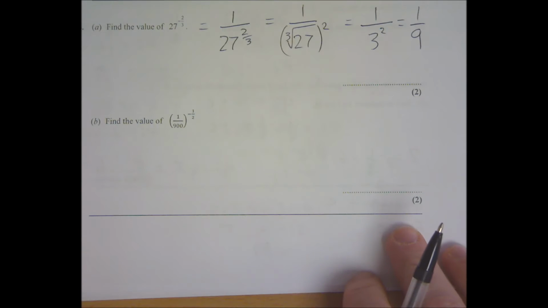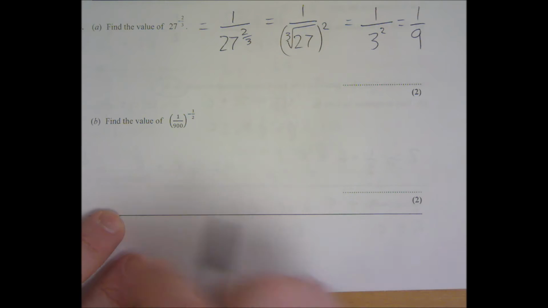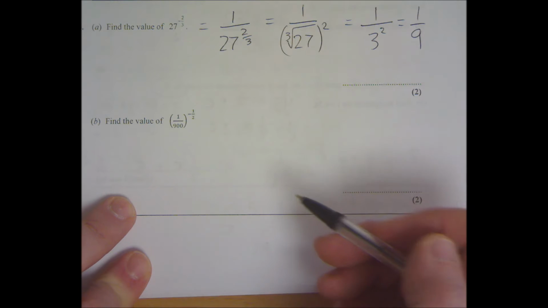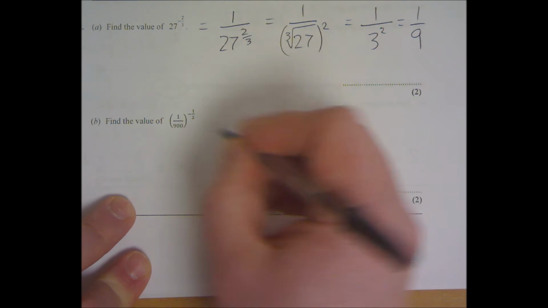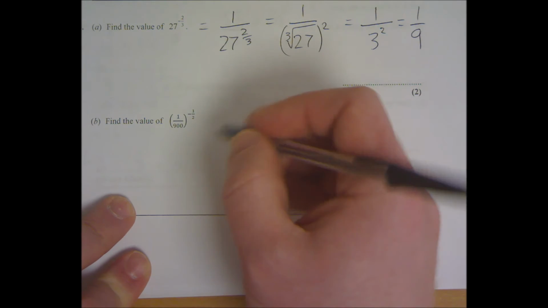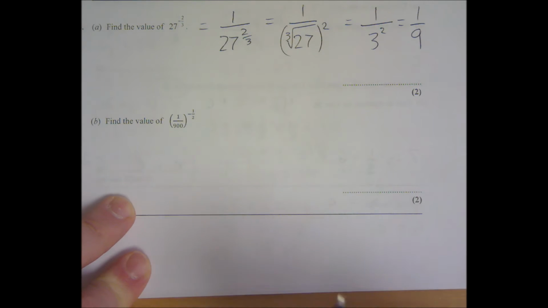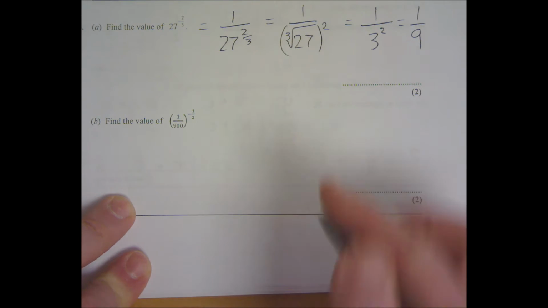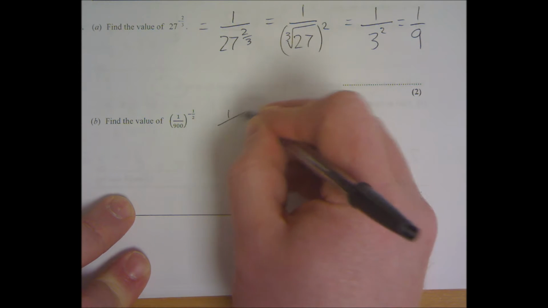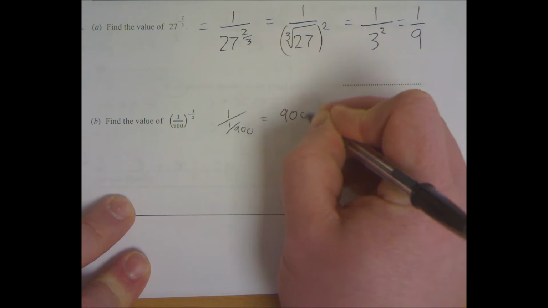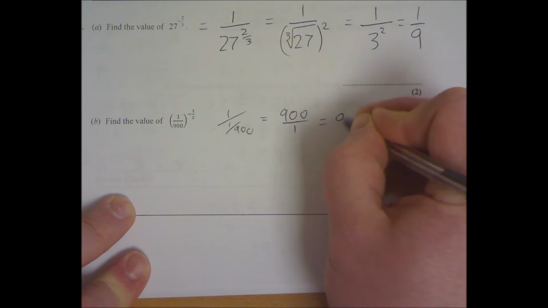For part B, find the value of 1 over 900 to the minus a half. So if we've got something to the minus a half, again, it's going to be 1 over. If I'm doing 1 over a fraction, that means I'm flipping that fraction over. So 1 over 900 is the same as 900 over 1, or just 900.